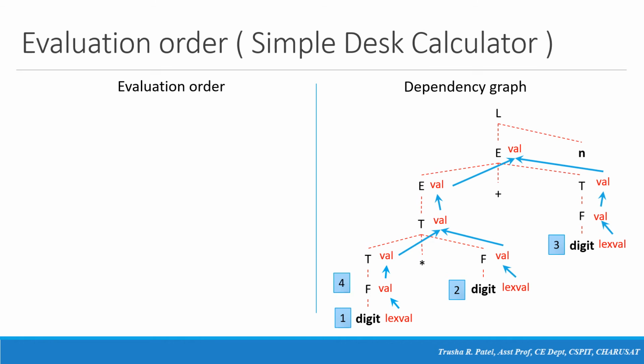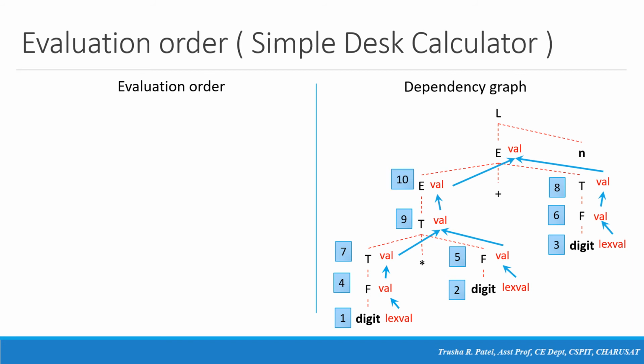After that, the digit value we assign to F, then the second digit value again to F, and the third digit value again to F. Now the F value will be assigned to T, and at the end also F is assigned to T. Now using T and F, the value of T will be calculated, that is our sequence number 9.